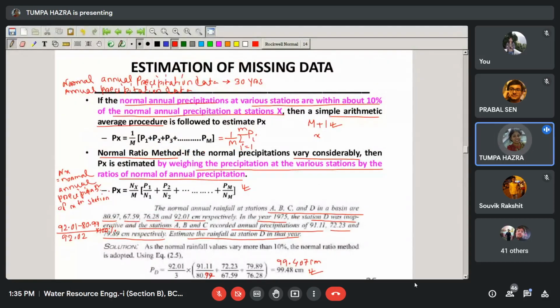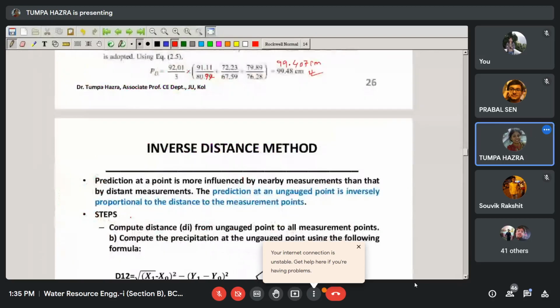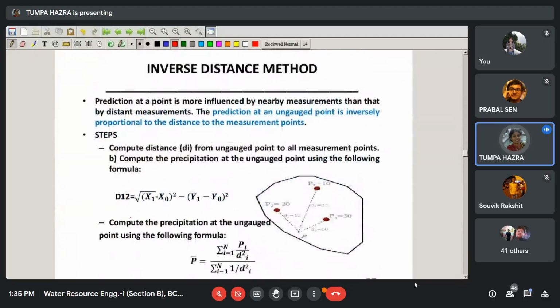But if this normal annual precipitation data is not available to you, then what will you do? You have to go for the inverse distance method.